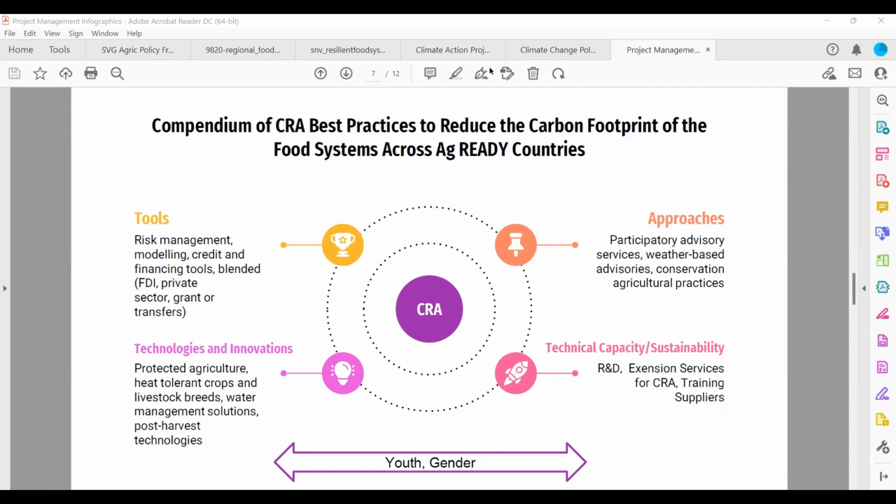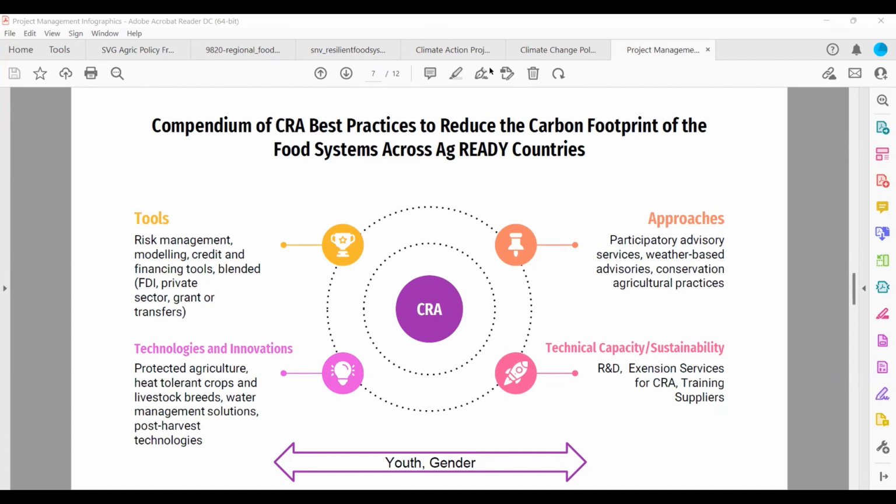Approaches: participatory advisory services, weather-based advisories, or climate services, whichever you call it, or agromet services, conservation agricultural practices, some technical capacity or sustainability, R&D, what's the extension service for CRA that are now existing, and even if there are opportunities to build out those training suppliers that may be available.